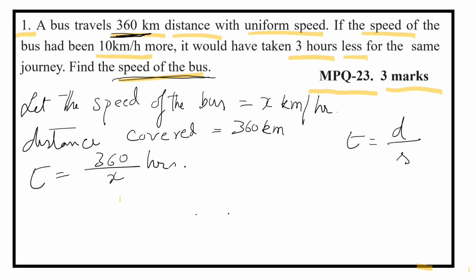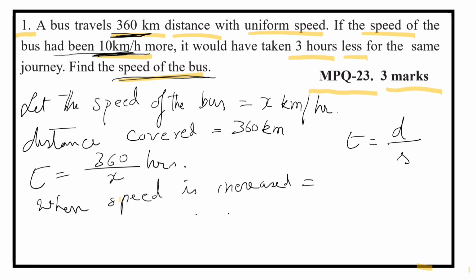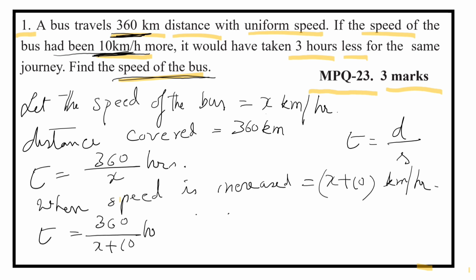Now, second case arises. The speed of the bus had been 10 km per hour more. Now, the speed of the bus here is x. When speed is increased, what happened? x plus 10 kilometer per hour. Then time is equal to 360 by x plus 10 hours.